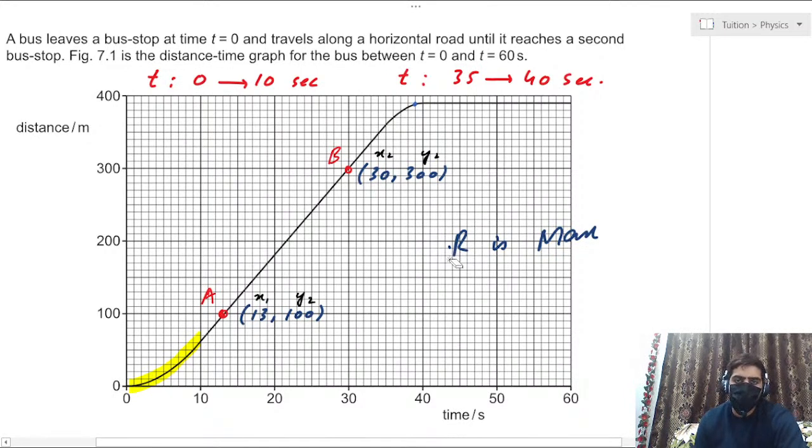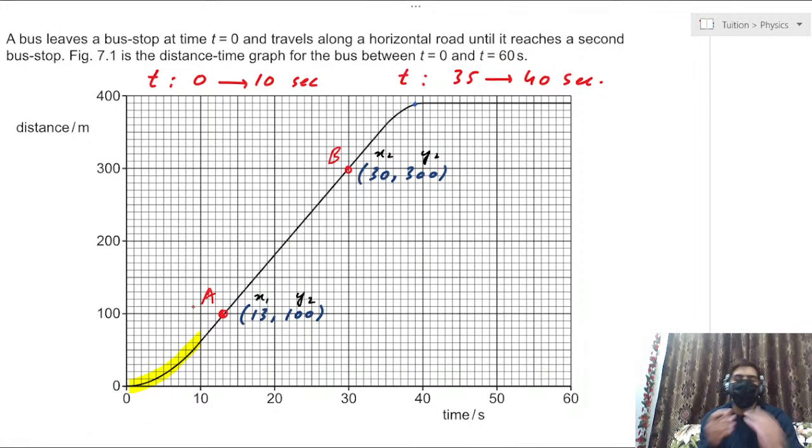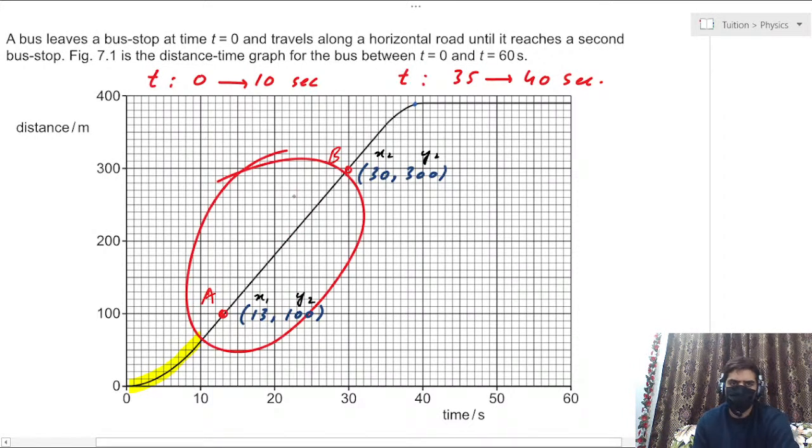Basically, what's going on here is, first, as the object was at rest, the air resistance keeps increasing, and at one stage it becomes equal to the driving force, when the forces become balanced. You can mark anywhere at this point where the forces are balanced.